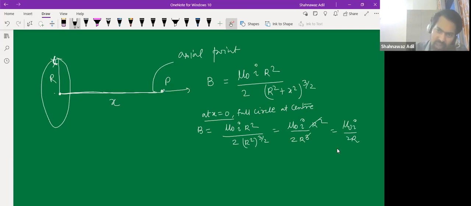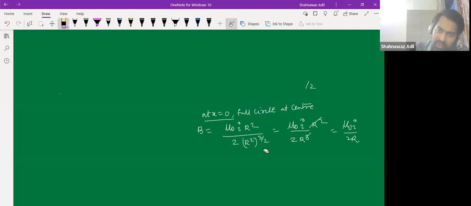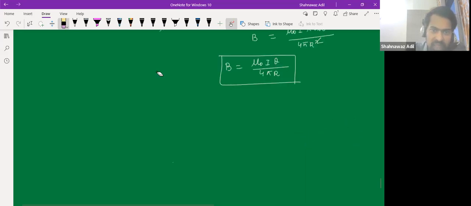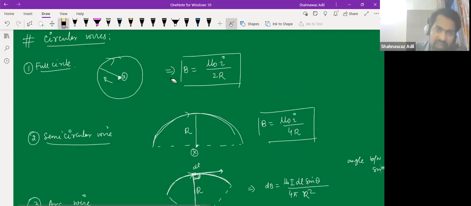This part we will understand in the next part. As you were asking, we have other points other than the center, so we can calculate at different points also.